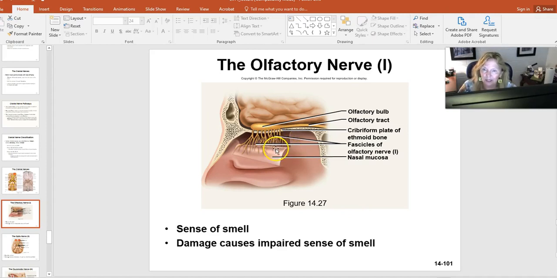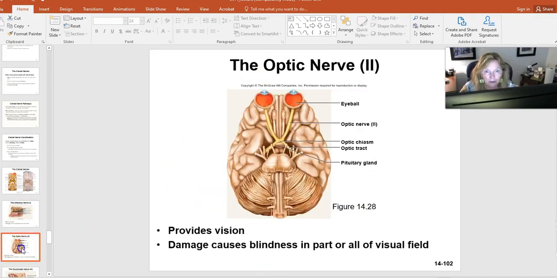So people lost some sense of smell, and because smell is so directly tied to taste, people lost the sense of smell and taste. So we do know that in some people, this nerve was affected.